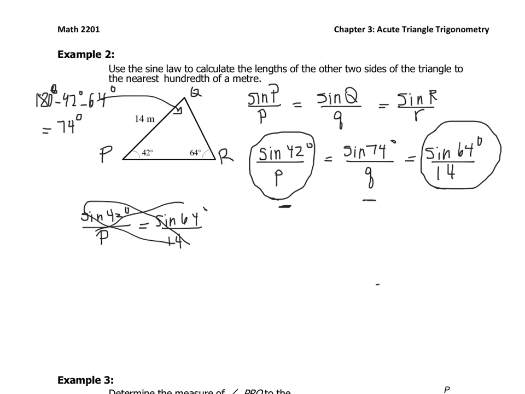Cross multiply, and we get P sine 64 equals 14 sine 42.